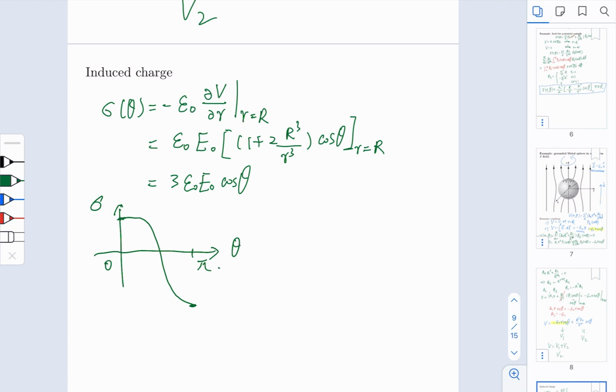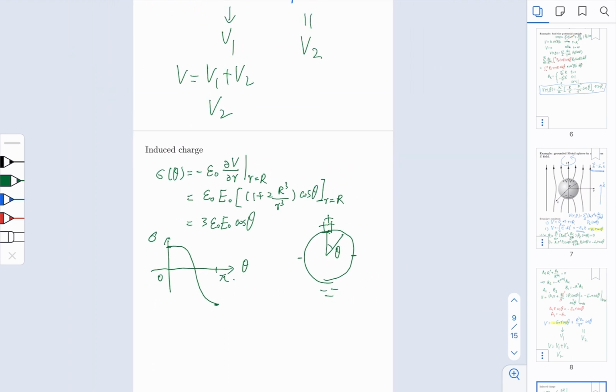So what this means is that now let's take a look at this sphere. There will be the most positive charge on the north pole, and the most negative charge on the south pole, and exactly at the equator there won't be any charges.